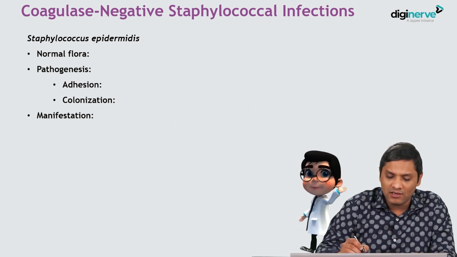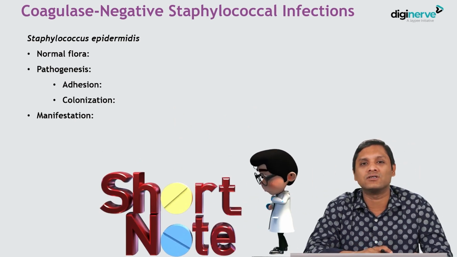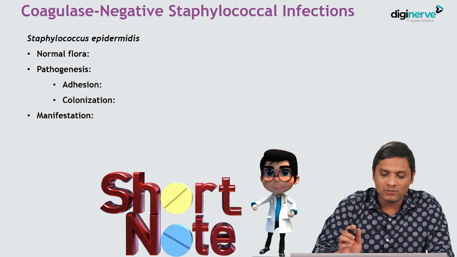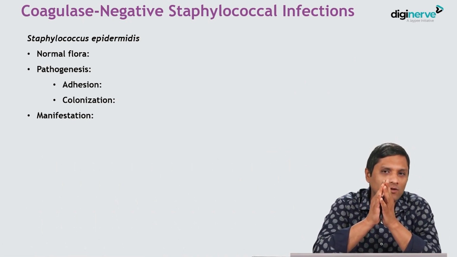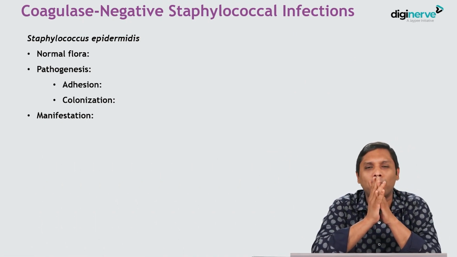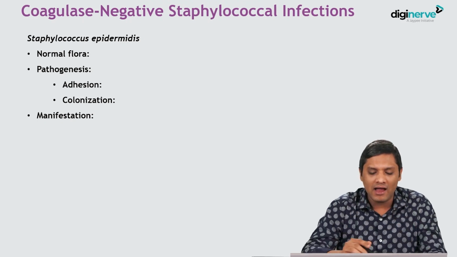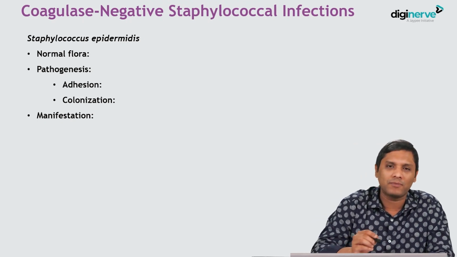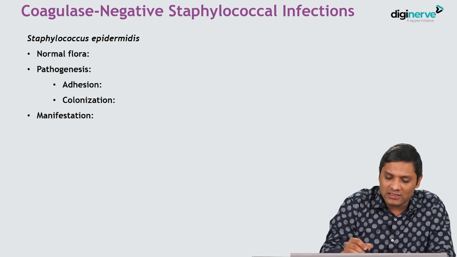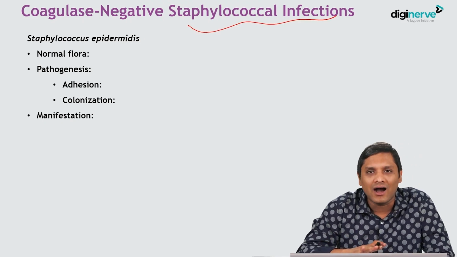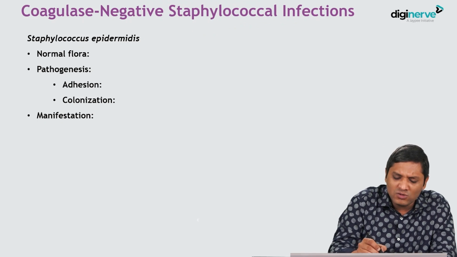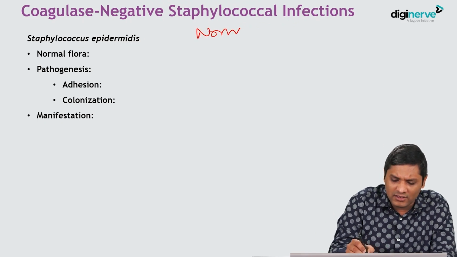Okay, so now we will see coagulase negative staphylococcus infections. So the basic difference between Staphylococcus aureus, which is the most pathogenic species of staph, and other Staphylococcus species is by performing a coagulase test. Other Staphylococcus species are coagulase negative. They are usually the normal flora of your skin.